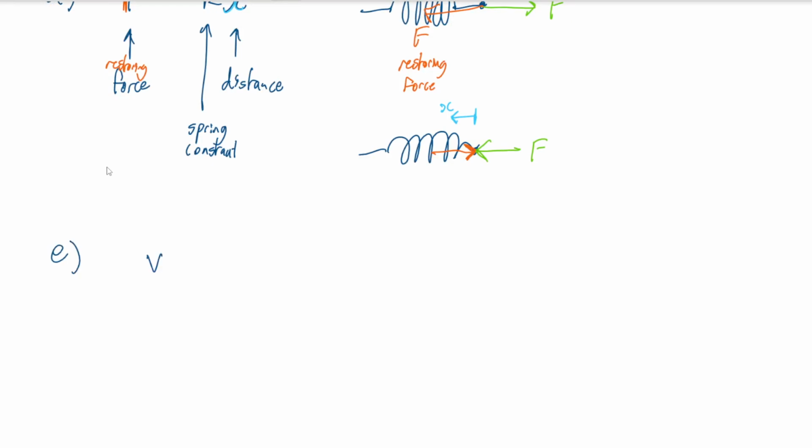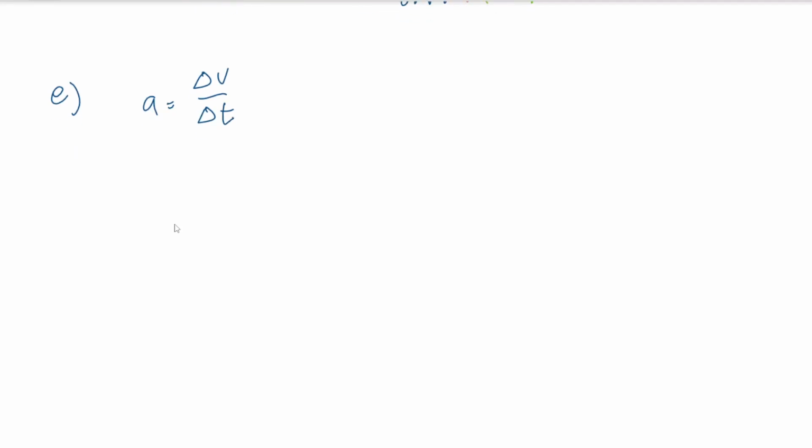So we know acceleration is change in velocity over change in time. I hope, right? And we know that change in velocity is the final velocity minus the initial velocity, Vf minus Vi.